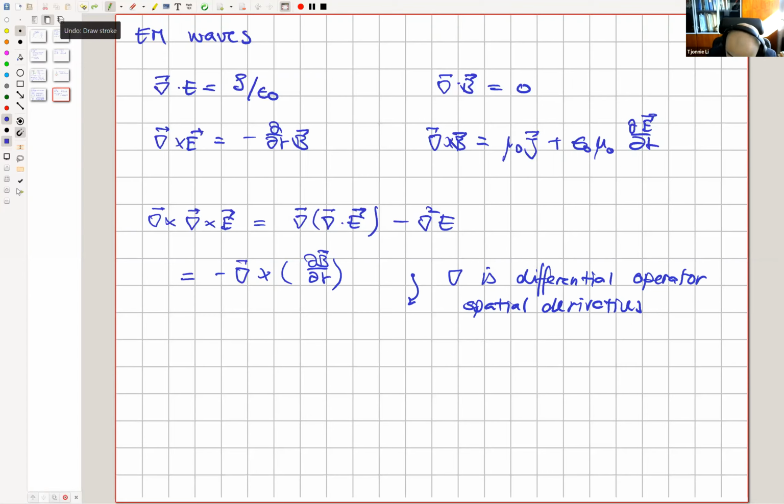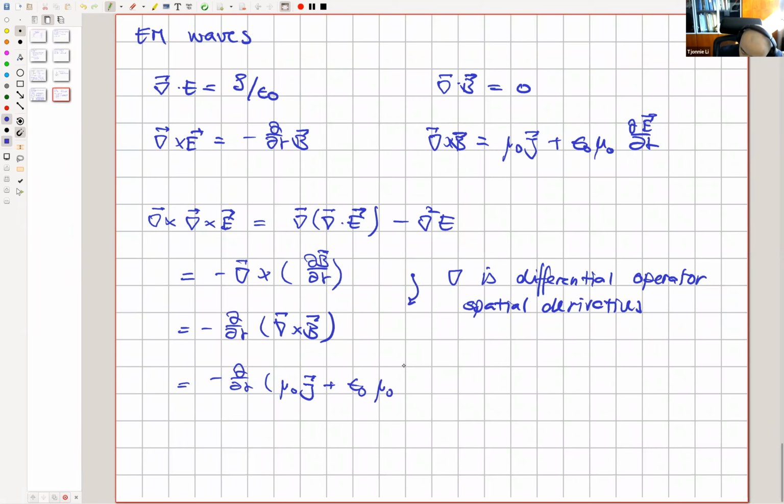And so we can interchange this with a partial derivative with respect to time. So we can change the order of this, and we can write that this is partial t of the curl of B. But if you look above here, we actually have an expression for the curl of B, and I can equally put that in. So now I have the partial derivative with respect to time, and I put in this result over here. So this is just mu naught J plus epsilon naught mu naught partial E partial t.